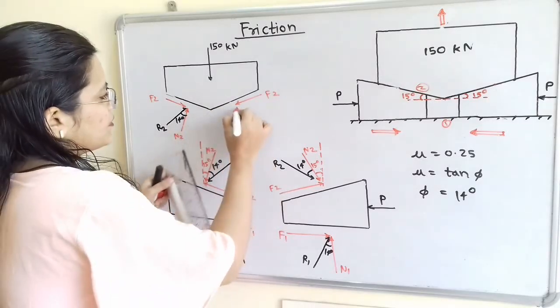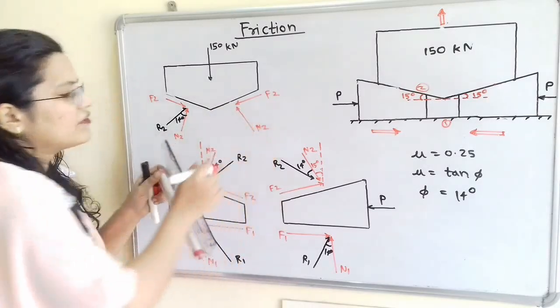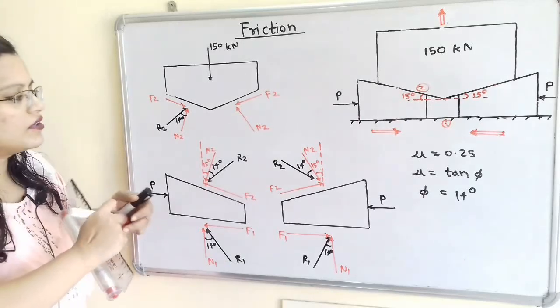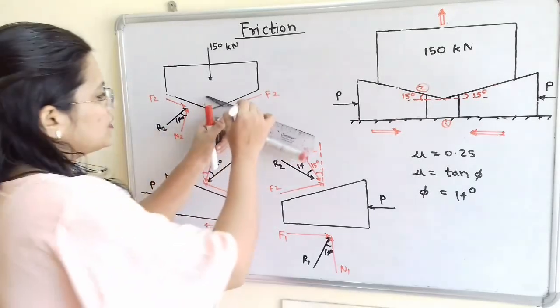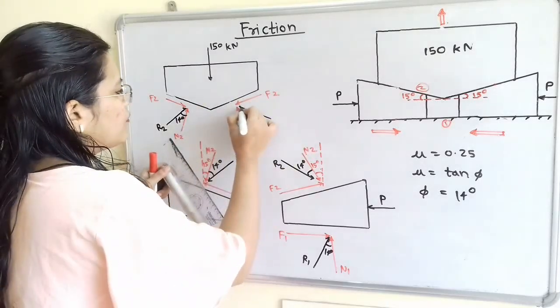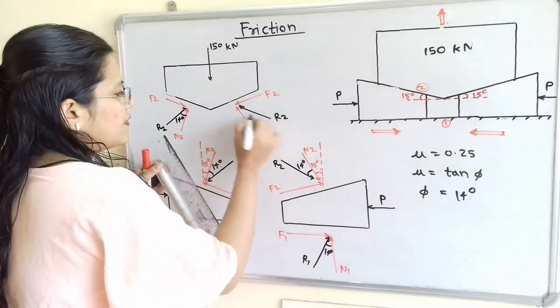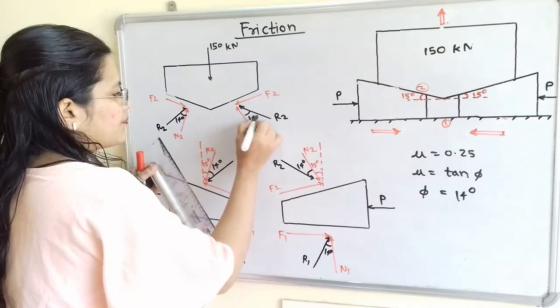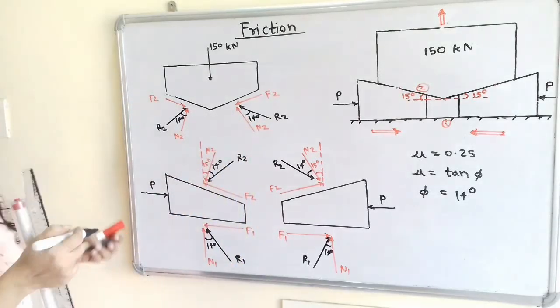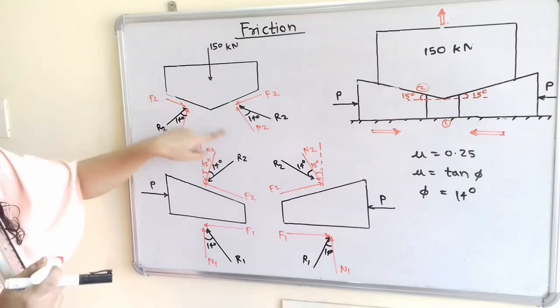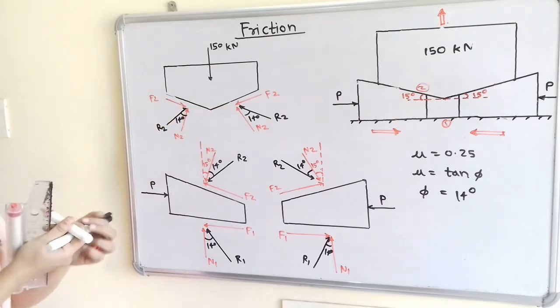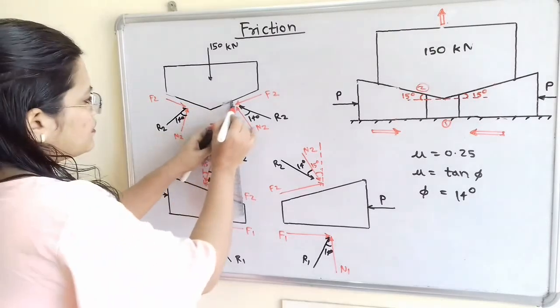Here is N2. Now it is easy to draw the resultant R2. The resultant R2 is making an angle equal to 14 degrees with N2. Now if I draw the perpendicular lines, that is, here one vertical line passing through these two points of contact. So here I will draw.